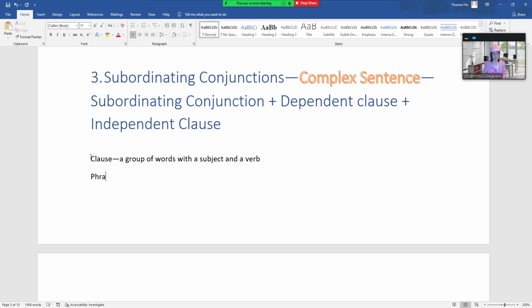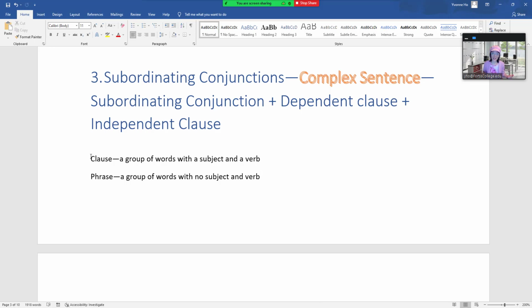A phrase is simply a group of words with no subject and verb. An example of a group of words with a subject and verb would be Jack eats steak.